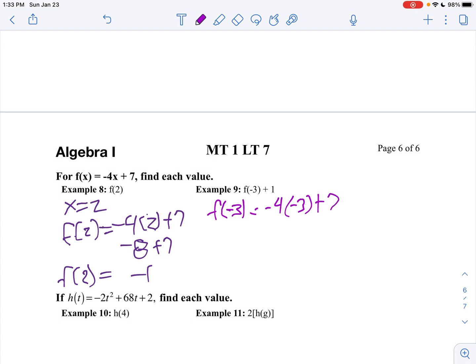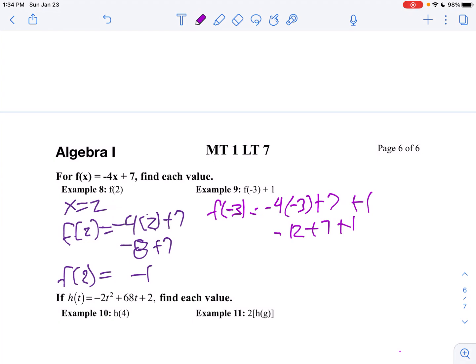But then I'm going to put plus 1 on the end. So instead of saying f of x plus 1, I'm saying negative 4 times negative 3 plus 7. That's my f of negative 3. Then I'm going to add 1. Well, now, order of operations is multiply first. So negative 4 times negative 3 is negative 12 plus 7 plus 1.